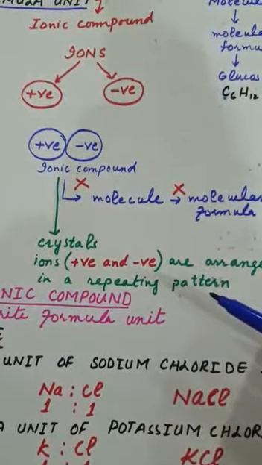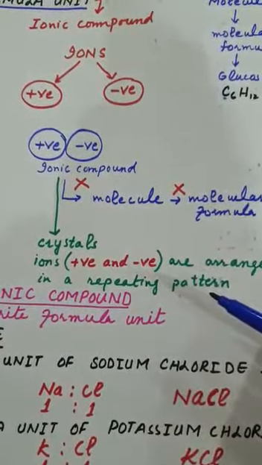You can see that the negative ions, that is chloride ions, and the positive ions are present in a compact structure. For that reason you can't represent them in the form of a molecular formula.